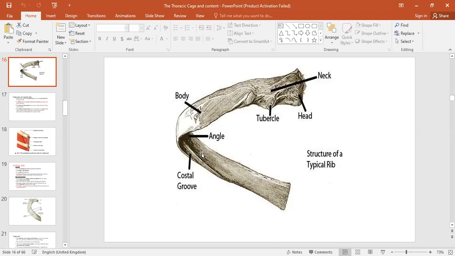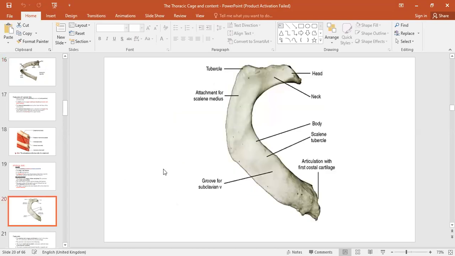So we're saying in rib 1, there is no costal groove because the neurovascular bundle is not running under the surface of this rib. So it lacks that marking or feature that is seen in typical ribs.